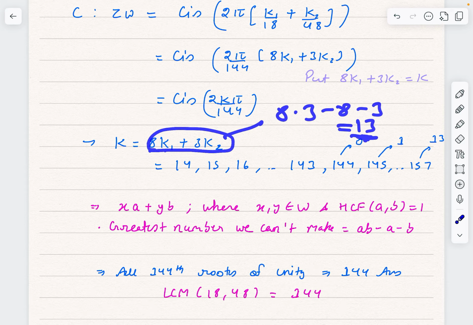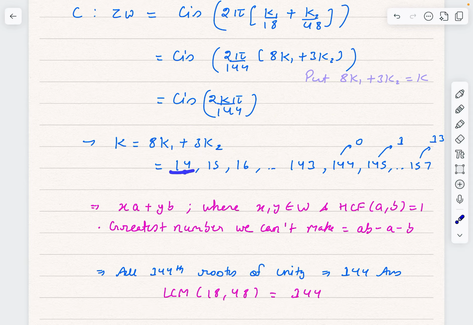Before 13 also some numbers will be possible, but not all. But after 13, we can safely say all the combinations will be there. Like to get 14, we can just take k1 as 1 and k2 as 2. To get 15, we just take k1 as 0 and k2 as 5.